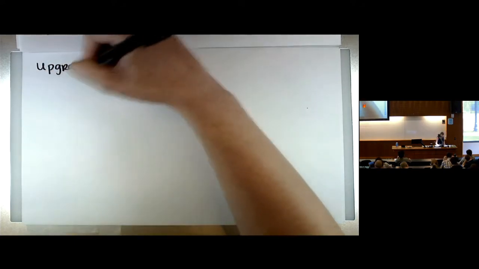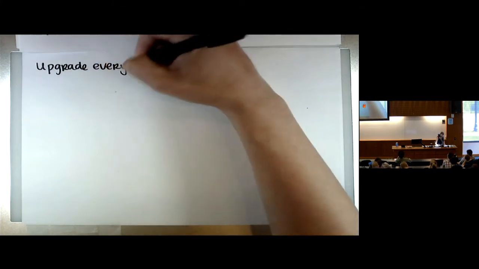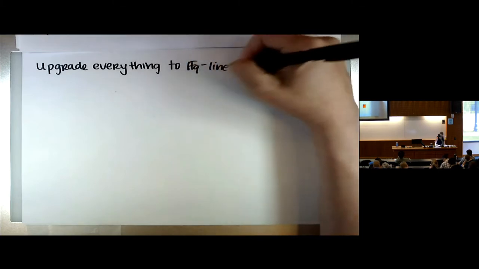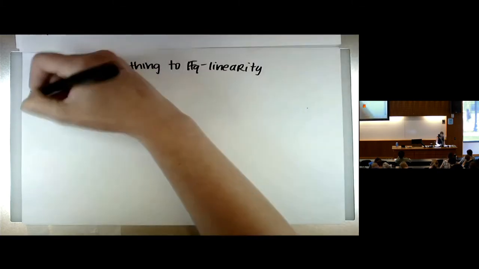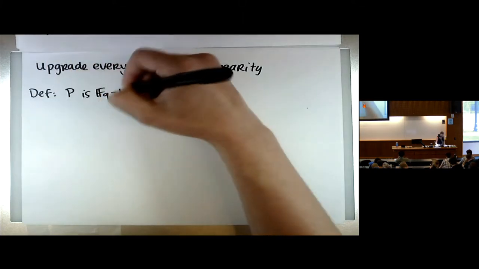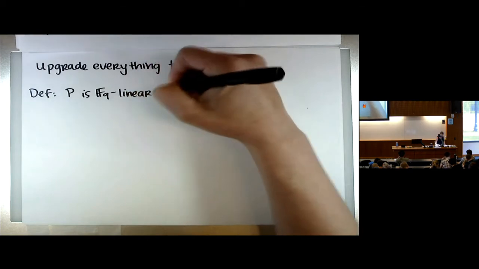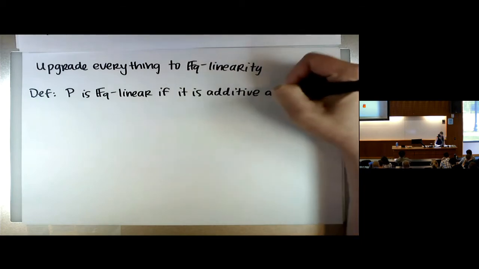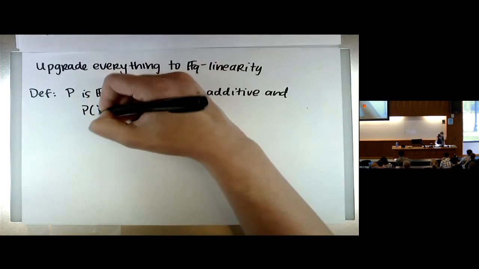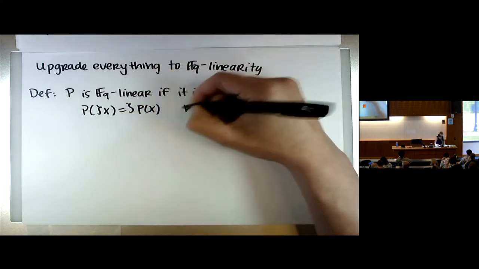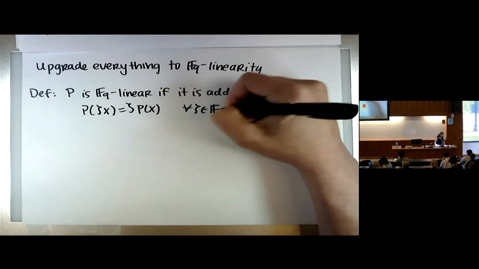So upgrade everything to FQ linearity. So the definition is P is FQ linear if it is additive and P of zeta x is equal to zeta P of x for all zeta in FQ.